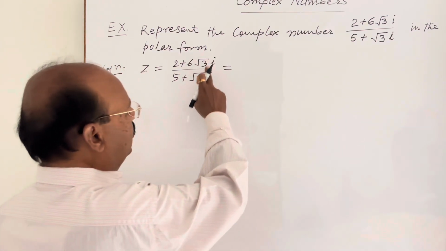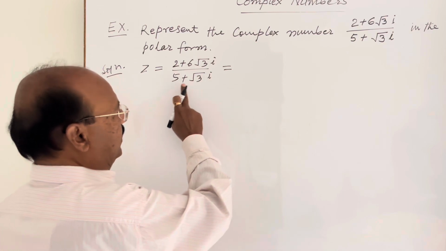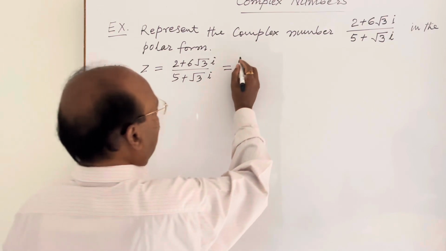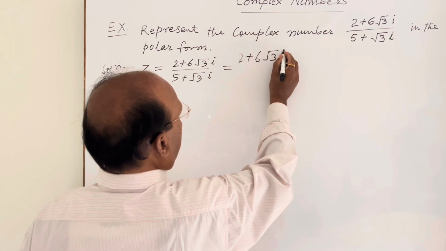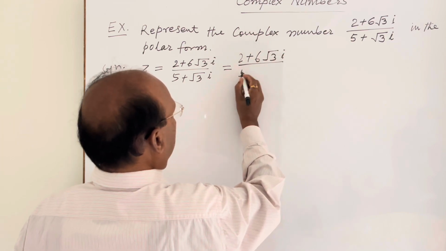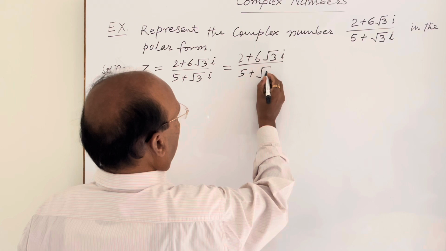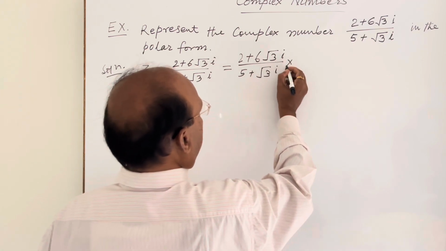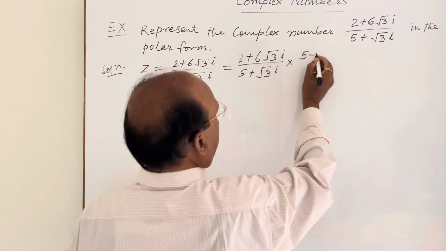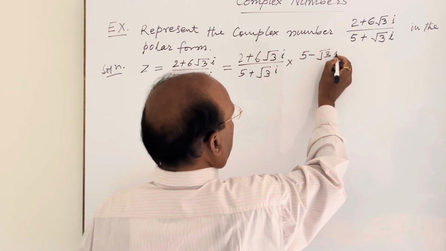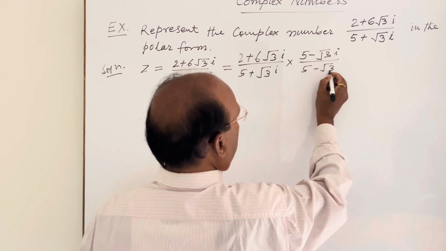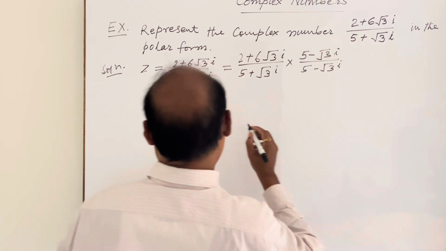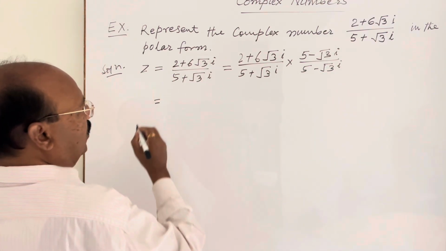So, multiplying numerator and denominator with 5 minus √3i, this is (2 + 6√3i)/(5 + √3i) into (5 − √3i)/(5 − √3i). Let us simplify it.